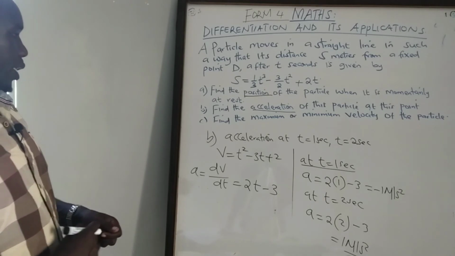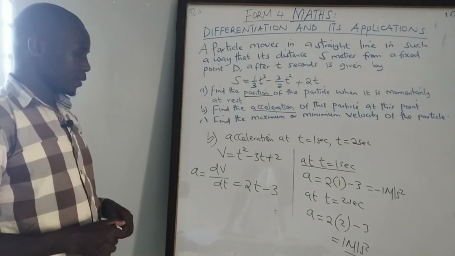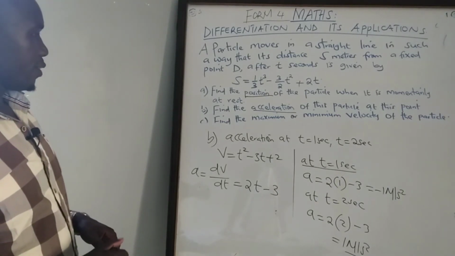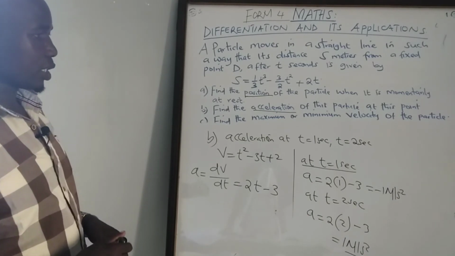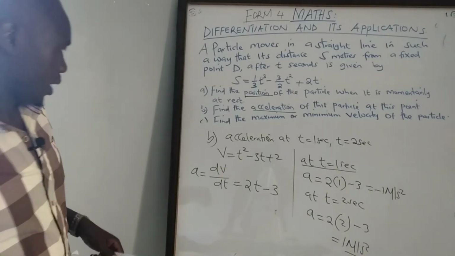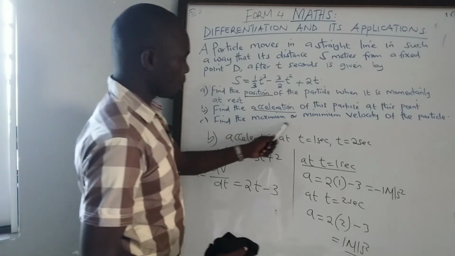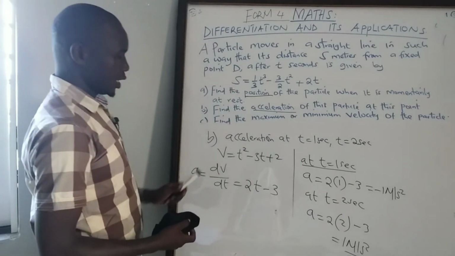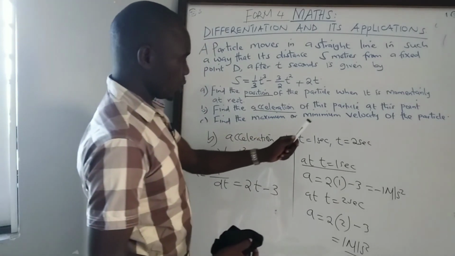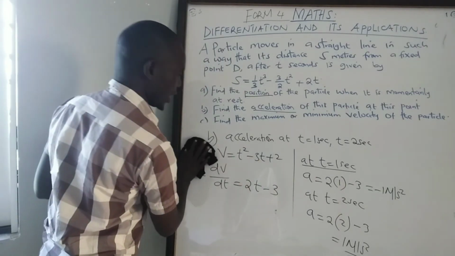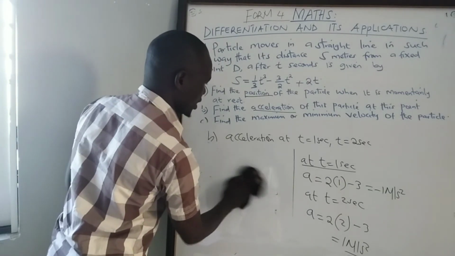Then from there we can go to part C, and part C says, find the maximum or minimum velocity of the particle. And one must know that at the maximum or minimum of anything, the differential function of that particular curve must give you 0.